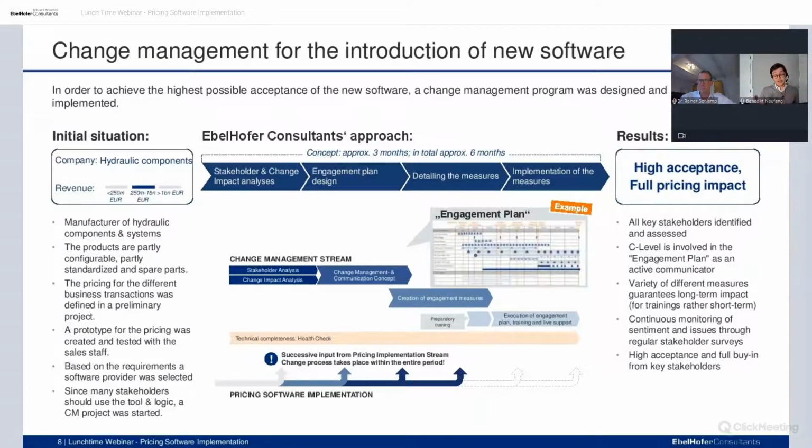And then also after the go-live, a certain period where you still follow up, where you make sure that you collect the follow-up items, etc. And this should ideally run in parallel to the pricing software implementation, and should be aligned at certain milestones, so that this really comes as one integrated effort.